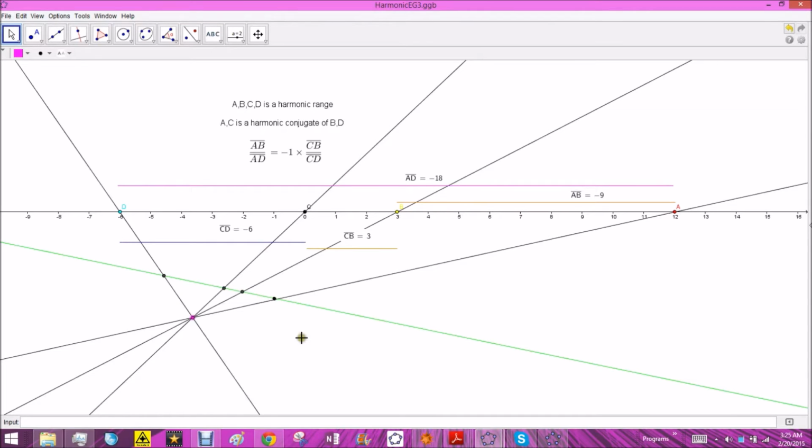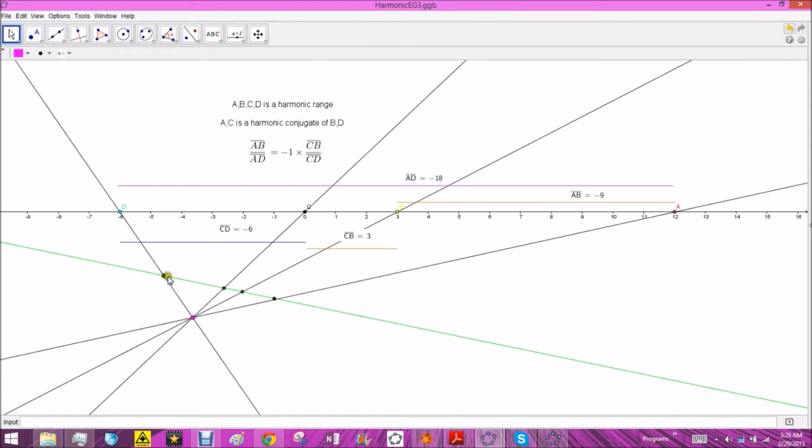So for example, we can just add this purple point down here, this sort of viewing point, and we can do a perspective from our original harmonic range, A, B, C, D, and then just see where these lines coming out of our viewing point meet these other points here.